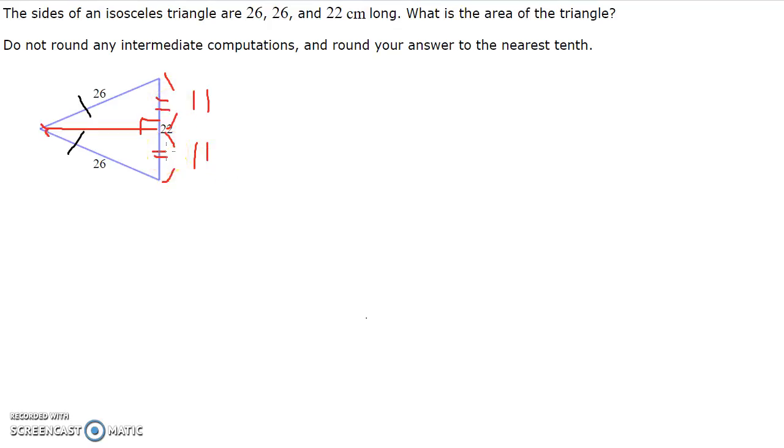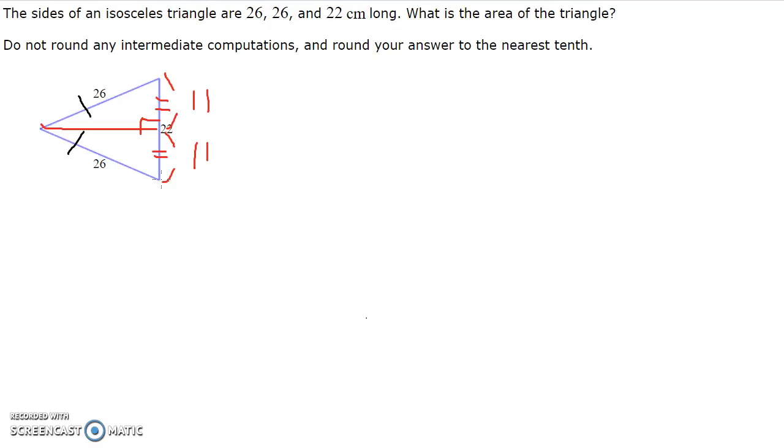In other words, the line that I just created is actually a perpendicular bisector. Remember we came across perpendicular bisectors in the beginning of chapter 5? So now it's coming back, okay? A perpendicular bisector makes 90 degrees, and not only that, it cuts the 22 cm into two equal sections of 11 cm.